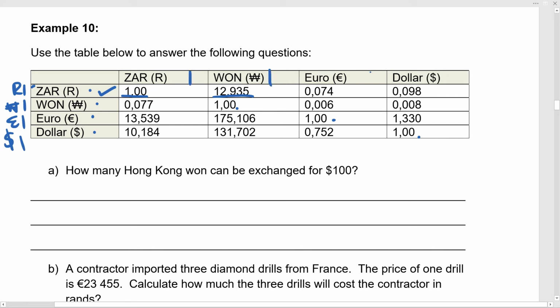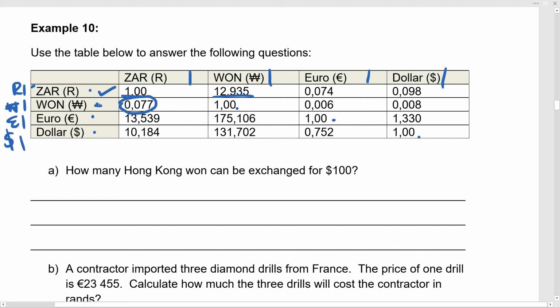Okay, and it's the same up here. These are all 1. So let's look at the rand to won ratio. 1 rand gives me 12.9351. So clearly the won is weaker than the rand because I get more of them just for the 1 rand. But what if I do it the other way around? What if I do won to rand? So let's look here. Look there, the number's completely different.